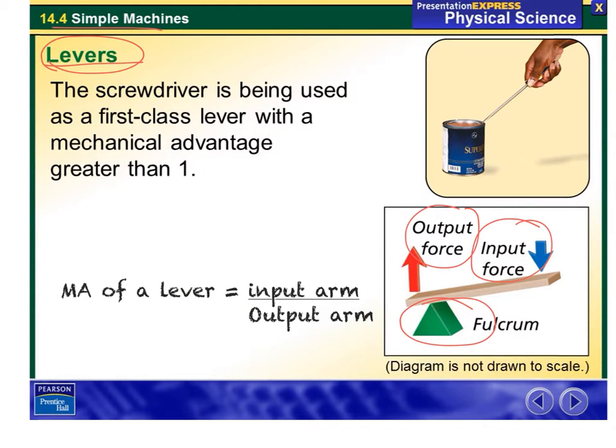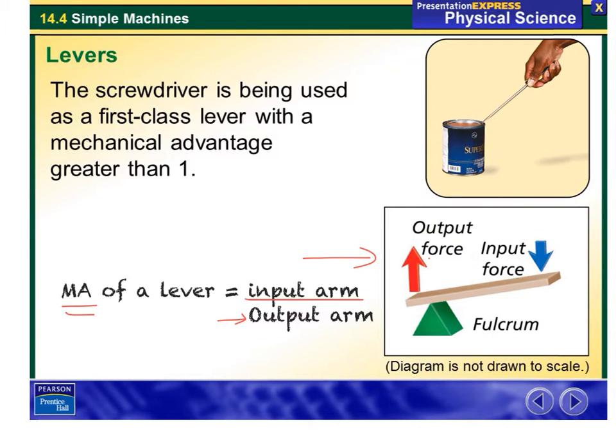The next thing that's important to understand about levers is that the mechanical advantage of a lever is found by taking the input arm and dividing that by the distance of the output arm. So, if we use that example with our simple lever here, let's use this information in this example.